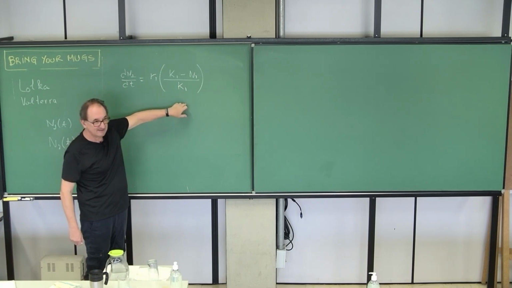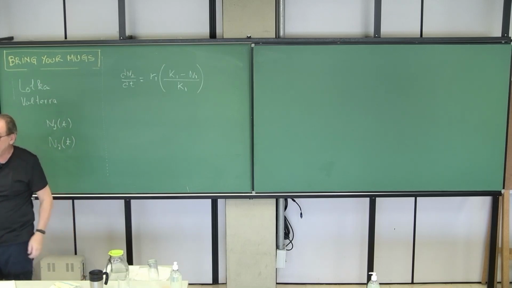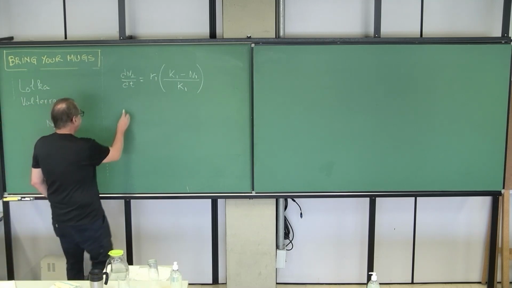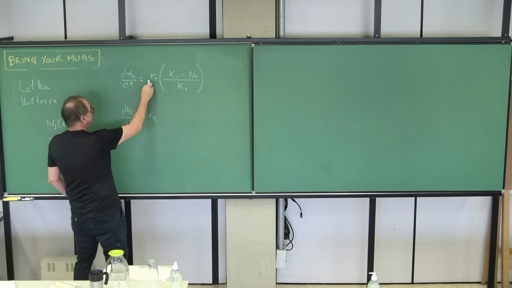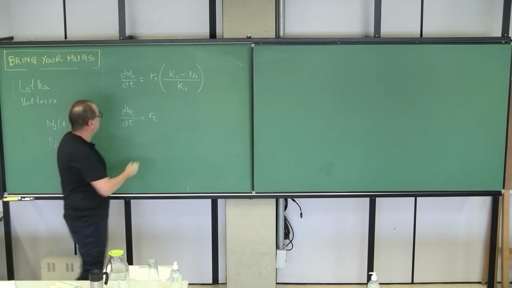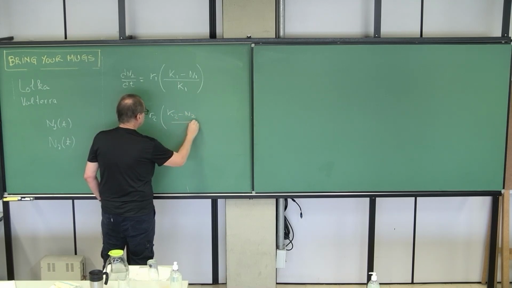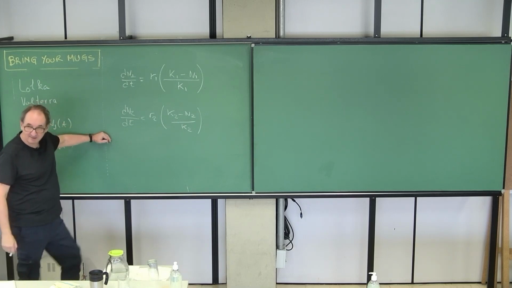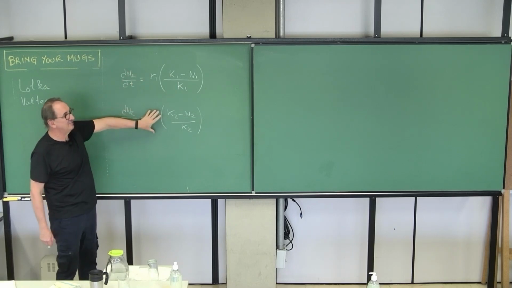It's the same thing from the last class. I'm writing this way because it will be easier to generalize to interacting species. Now, the second species also has a different intrinsic growth rate and a different carrying capacity. These are non-interacting: N2 has no effect on N1, and N1 has no effect on N2.